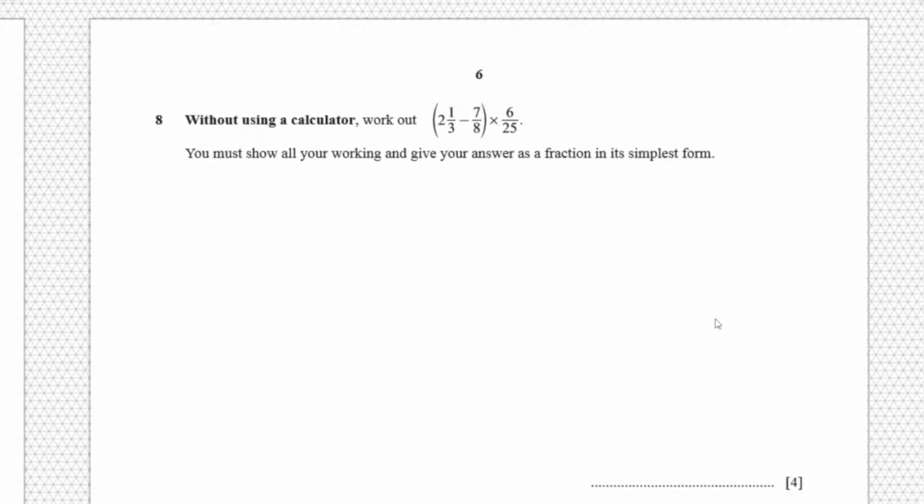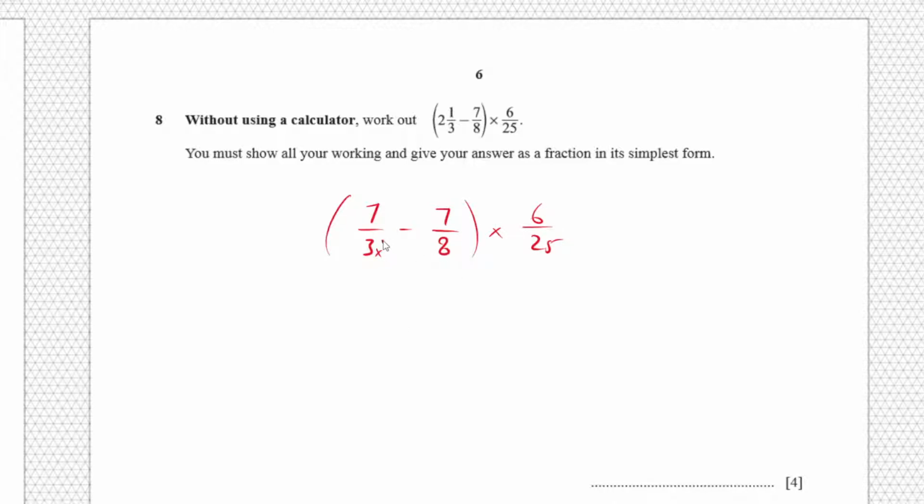Without using a calculator, work out all of that. Okay. First we deal with things inside the brackets. So first clear the brackets and then multiply with 6 over 25. Firstly, convert this into an improper fraction. 2 3s are 6, plus 1, that's going to be 7 over 3, minus 7 over 8, times 6 over 25.